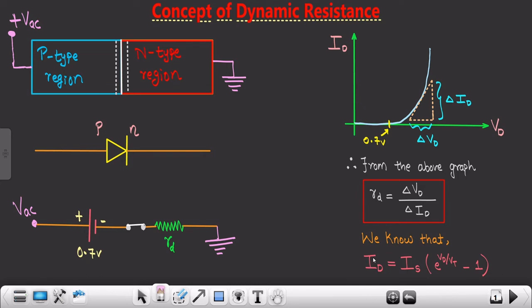And we all know the value of the diode current, that is ID is equivalent to IS, that is saturation current, into e raised to Vd by Vt minus 1. Vt is your thermal voltage, which is equivalent to 26 millivolt, that we had seen in the previous session, I guess, if I'm not mistaken, right? So basically we had seen this formula in the previous session, okay.